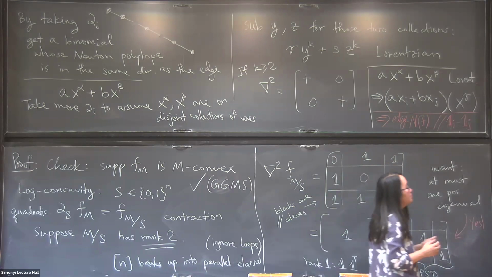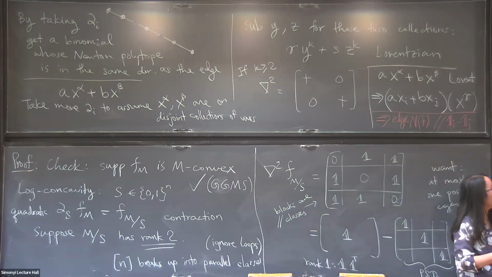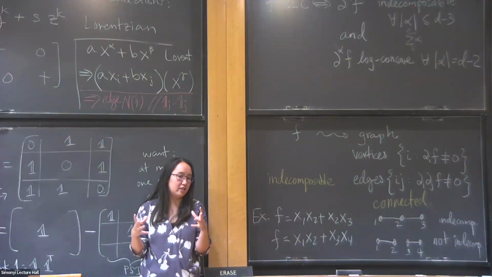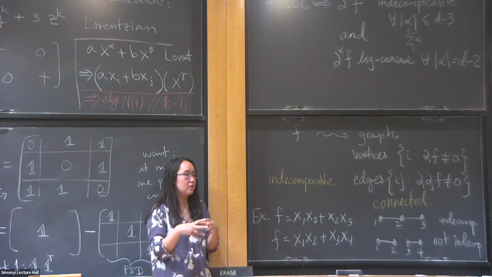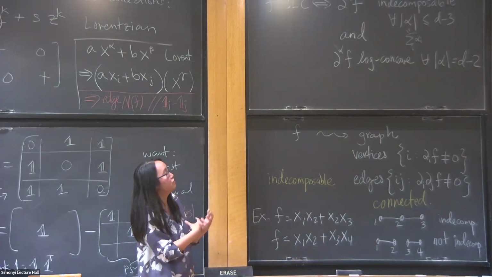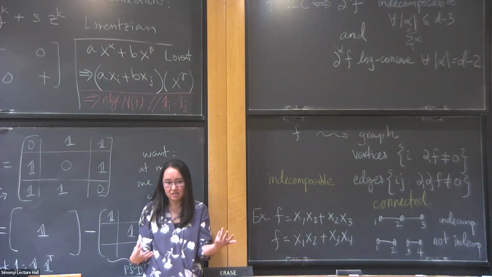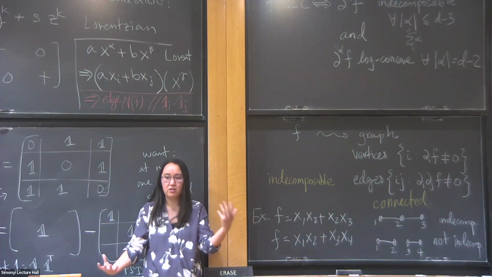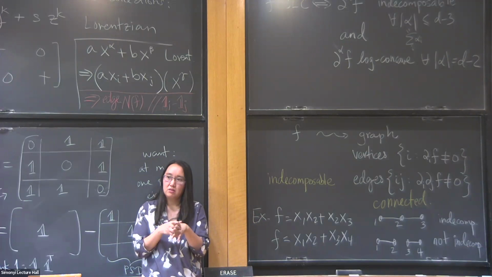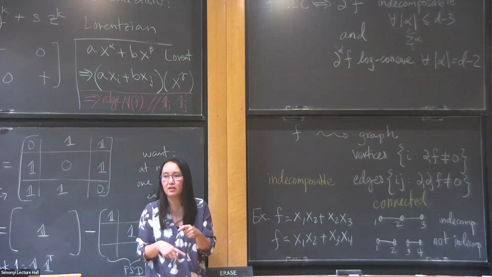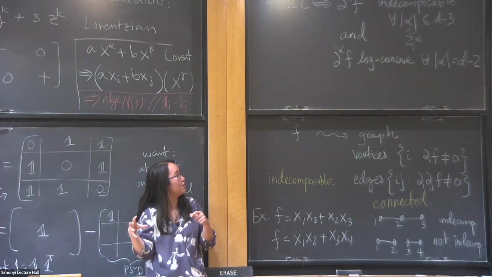I believe that in general they don't imply one another. This is only in this special case of checking Lorentzian-ness that you can use one condition for the other. As a purely combinatorial condition, M convex should imply indecomposable. Yeah, that's right. M convex is stronger.